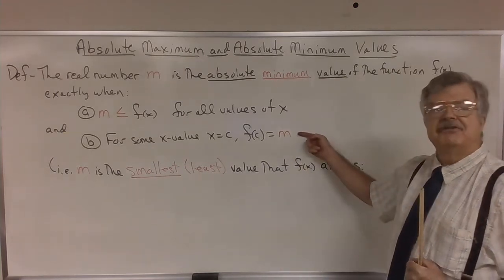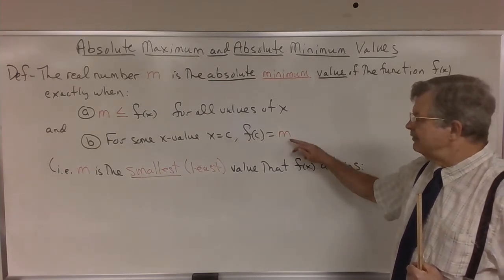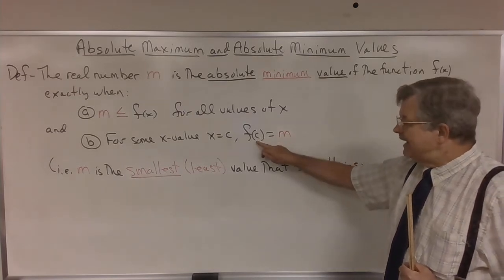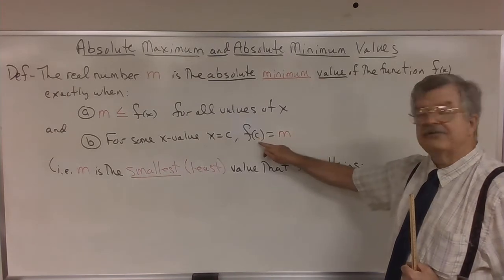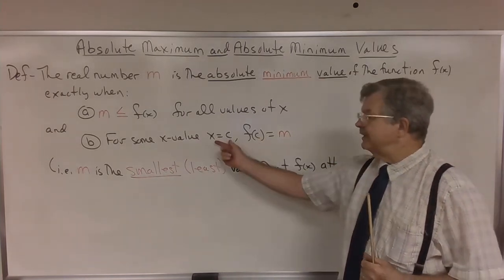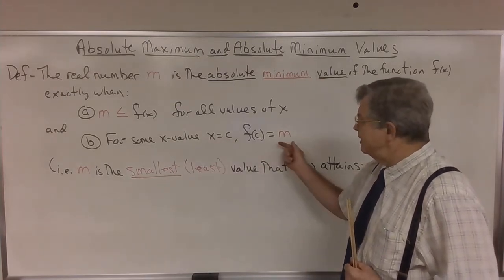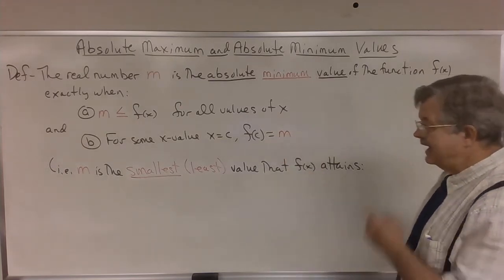And the stipulation here is, in order for a function to have an absolute minimum value, little m, the function actually has to equal the absolute minimum value for some value of x. There has to be a value of x, let's say x equals c, that we can plug into this function and actually get the absolute minimum value.